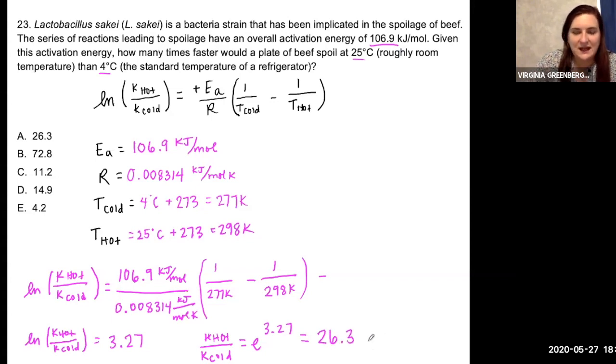So we would say at the higher temperature of 25 degrees Celsius, the reaction proceeds 26.3 times faster than it does at 4 degrees Celsius. And the correct answer, A.